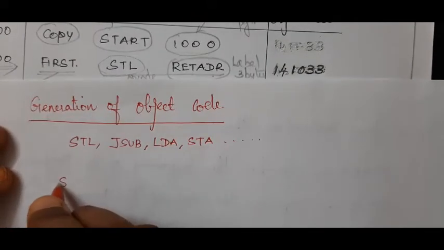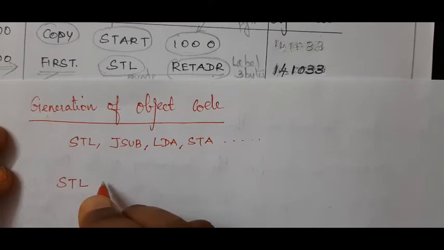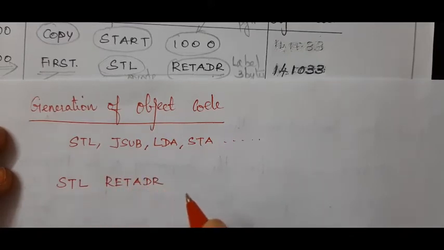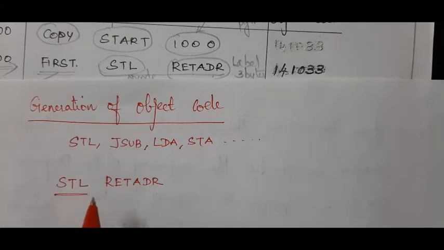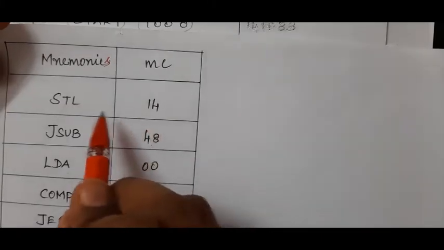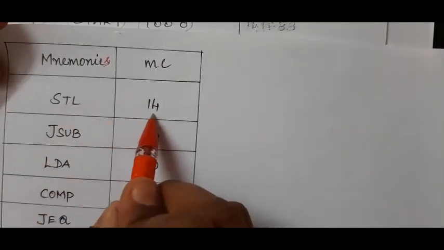STL RETADR. So this is what? An opcode, a label. So this is nothing but a mnemonic or an opcode. So we'll see what is the mnemonic value for that. STL, what does it have? 14.